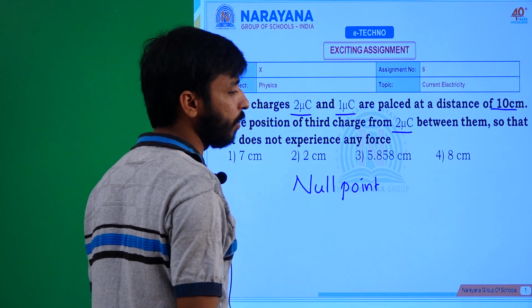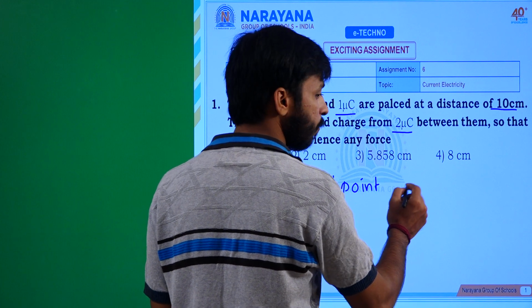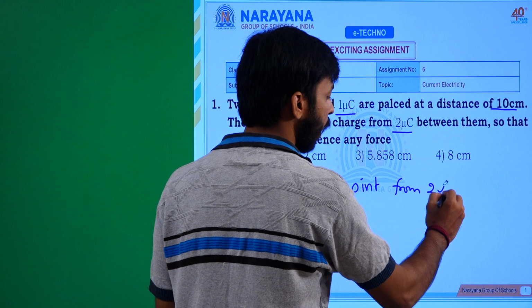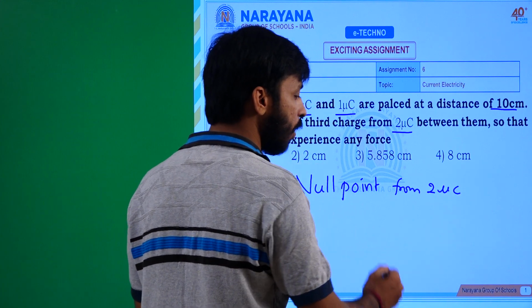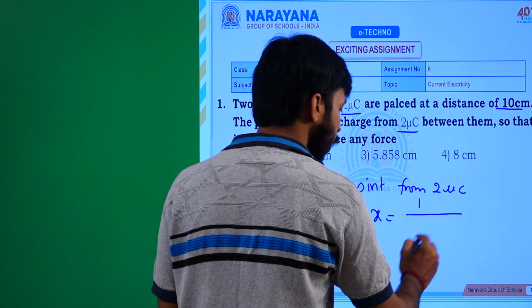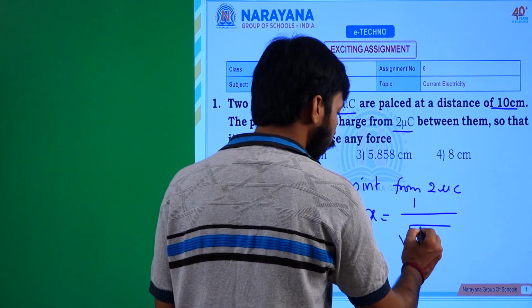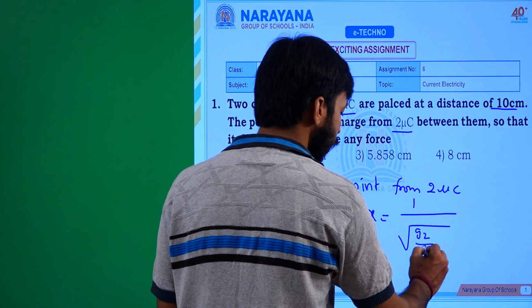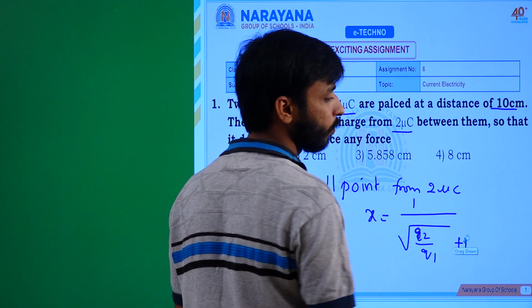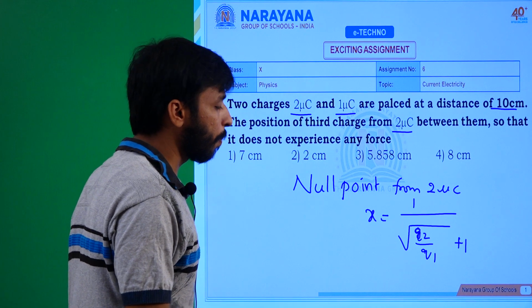So the null point from the 2 microcoulomb charge. Already we know that x is equal to r by root over q2 by q1, plus 1.